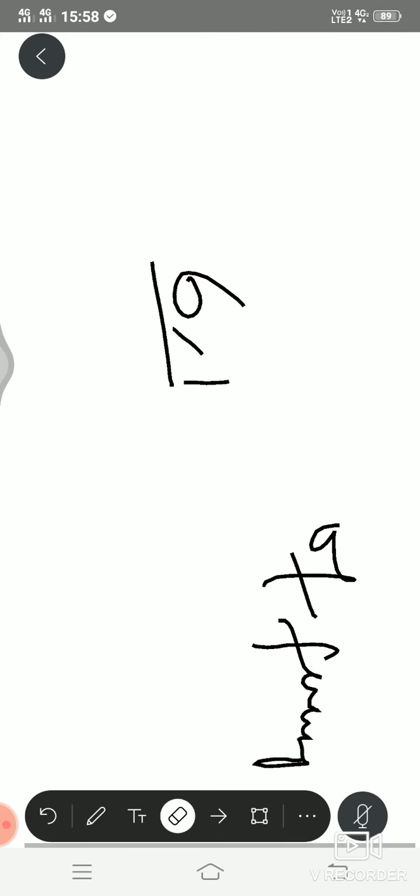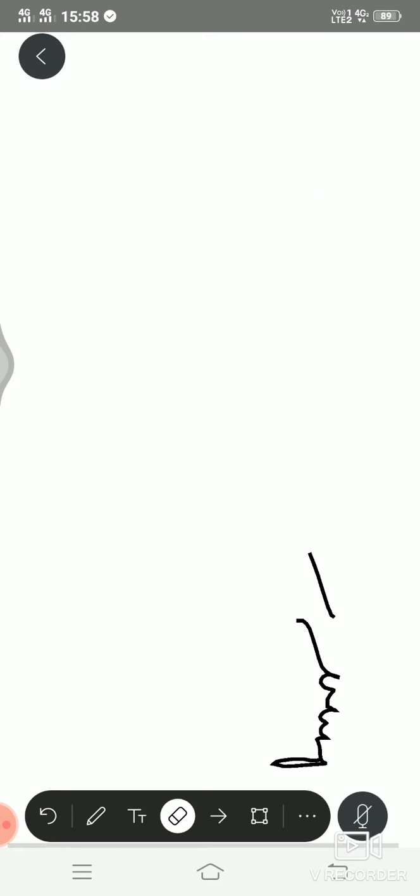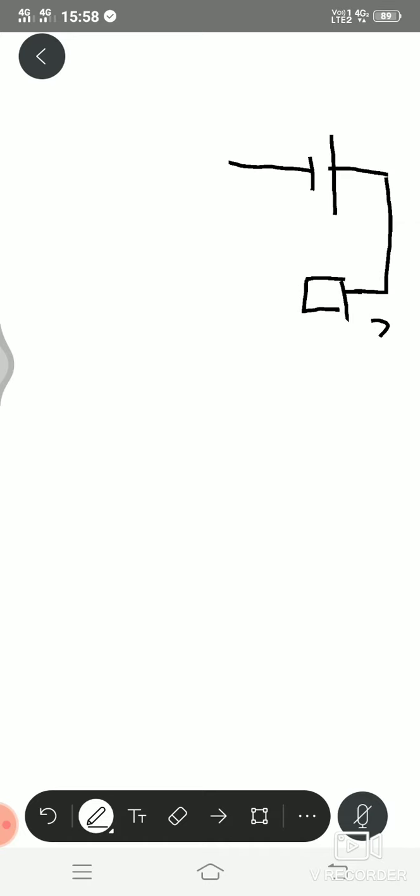Okay, look at the main diagram. Through the main diagram you can say it is modified like this. N means neutral point. That load was a star connected load.